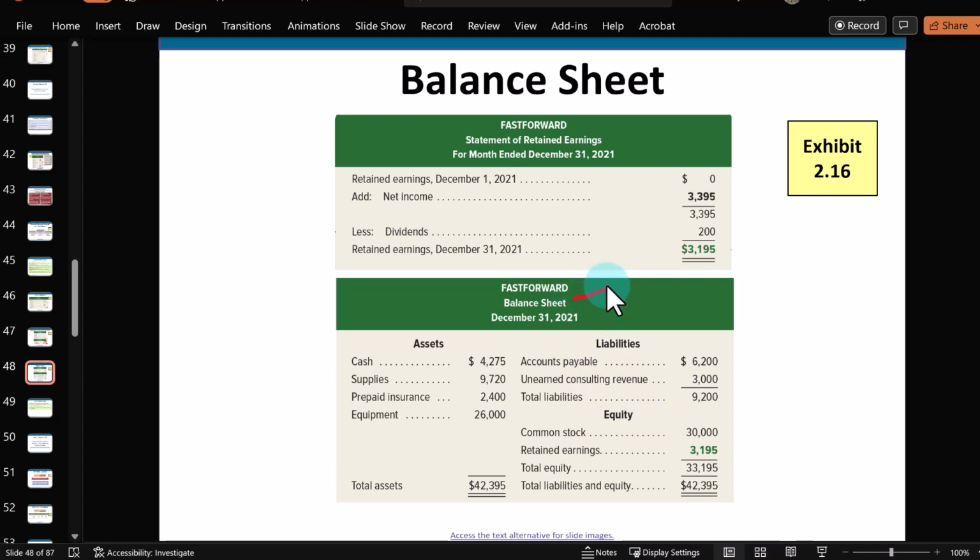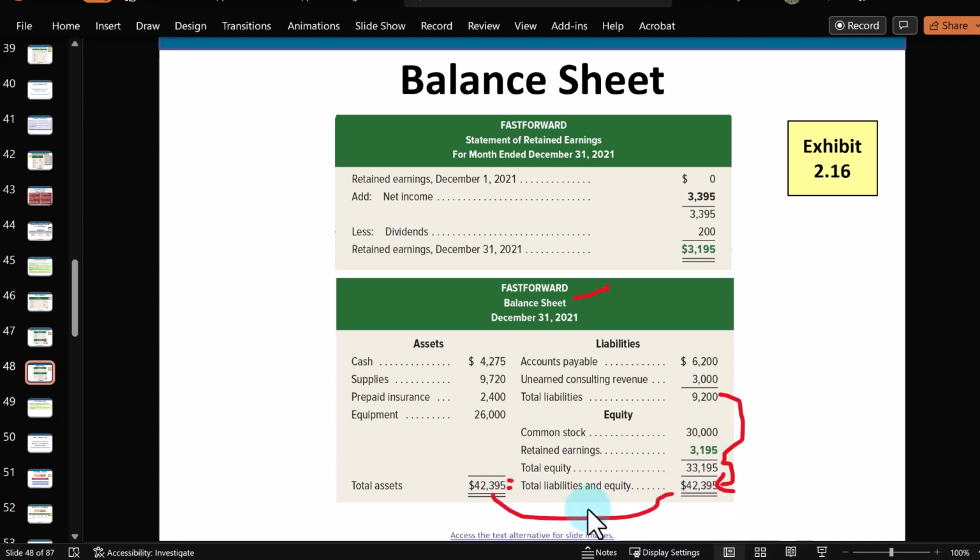And as we learned back in chapter 1, basically this is rewriting that accounting equation. Assets, or here total assets, are equal to liabilities plus the equity, or here's the total liabilities and equity. And again, it's matching.